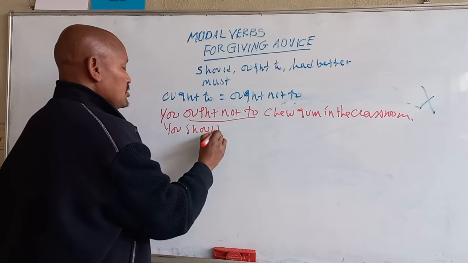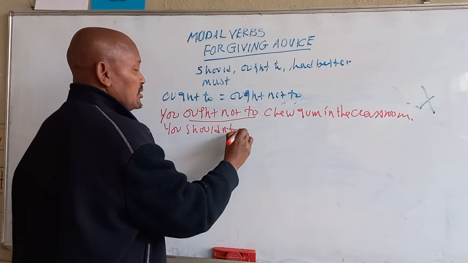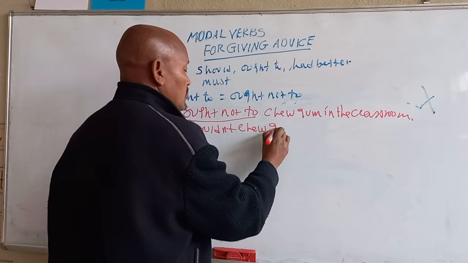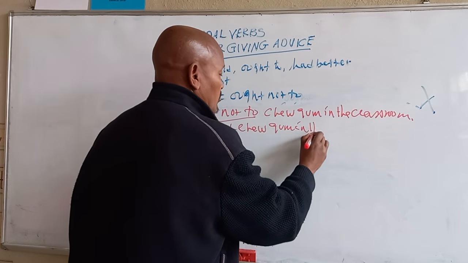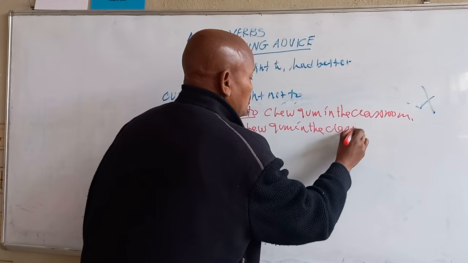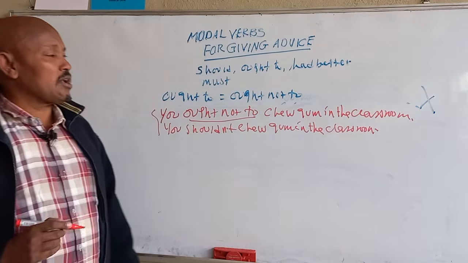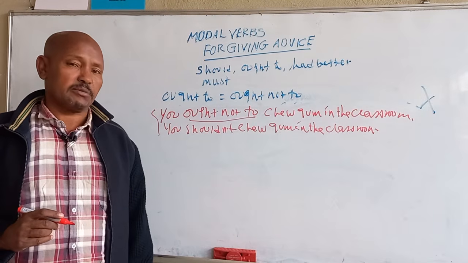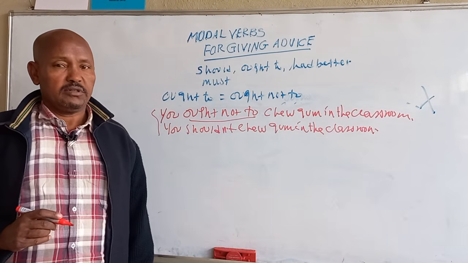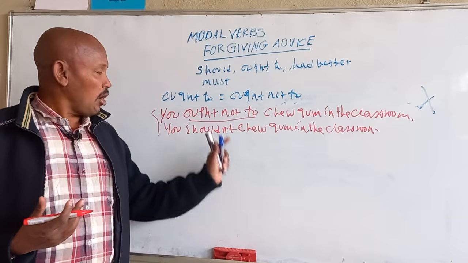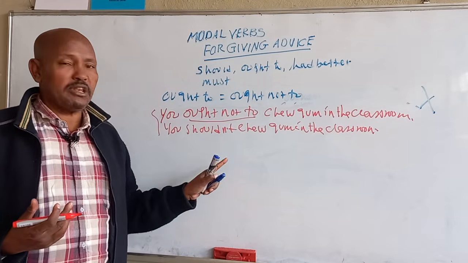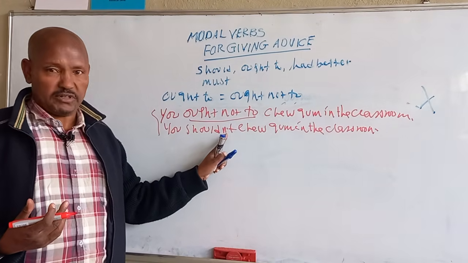You shouldn't chew gum in the classroom. This is advice, yeah? You ought not to chew gum in the class because it disturbs the teacher. So this is a kind of advice. Ought not to and should not have the same meaning, but the structure is still different, all right?